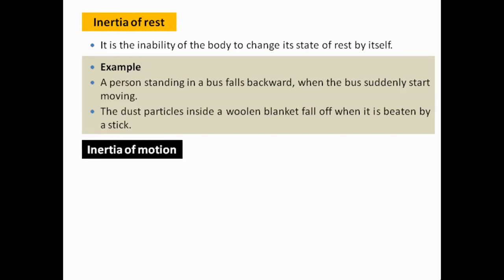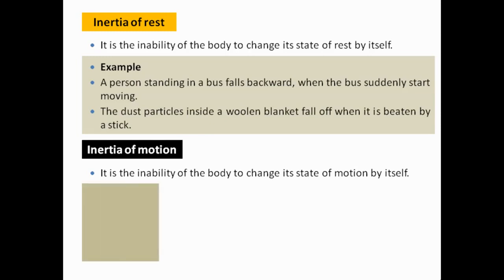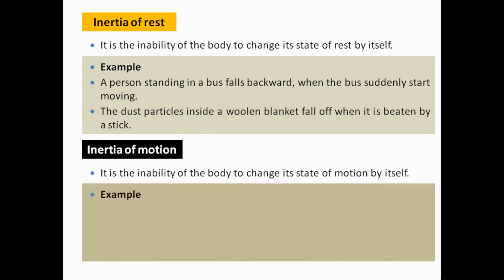Inertia of motion. It is the inability of the body to change its state of motion by itself. It means the body wants to remain in its motion. Now, examples of inertia of motion.